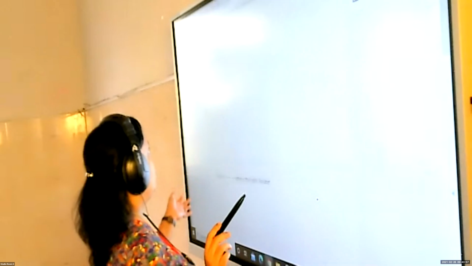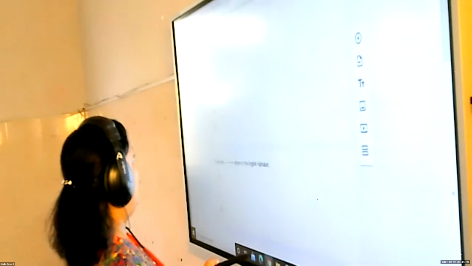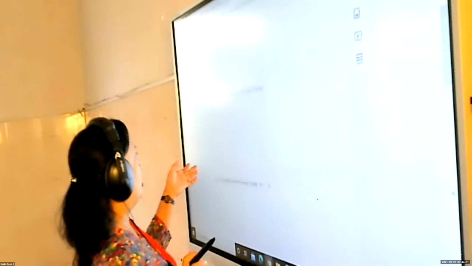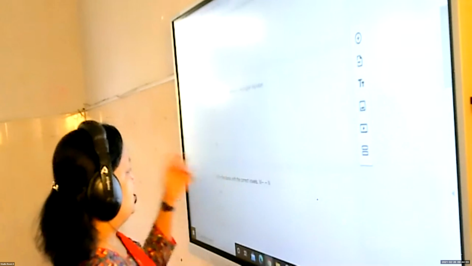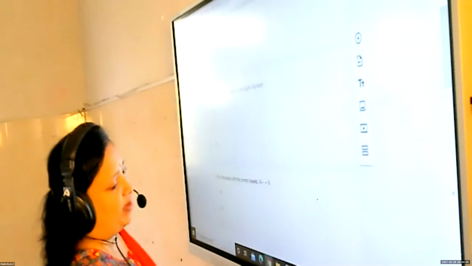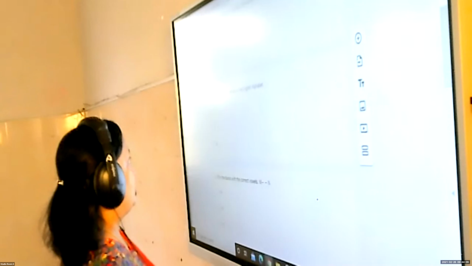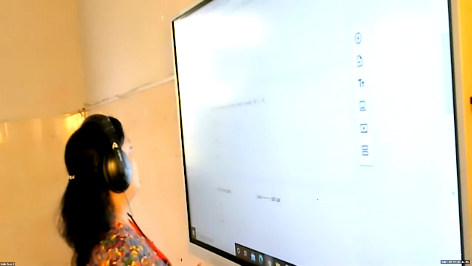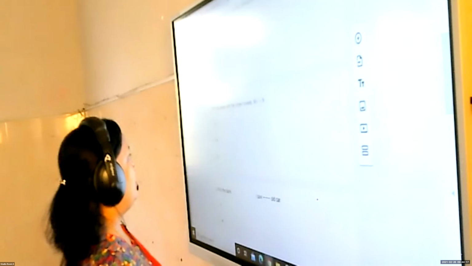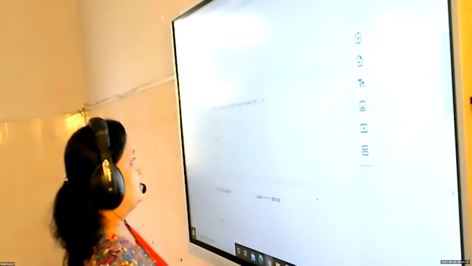Name of the student, class and division 1A. Question number 1. There are dash letters in the English alphabet. 21, 5 or 26. Number 2. Fill in the blanks with the correct vowels.